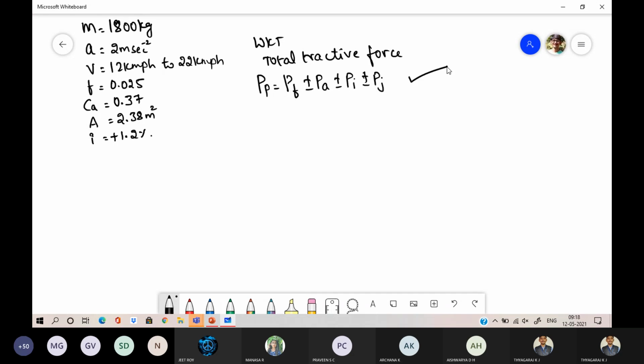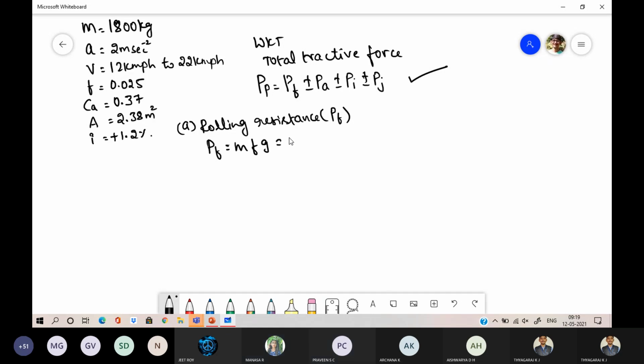This is the first formula you have to write. Then the first thing you have to calculate is rolling resistance, that is PF. What is the formula for PF? It is mfg.